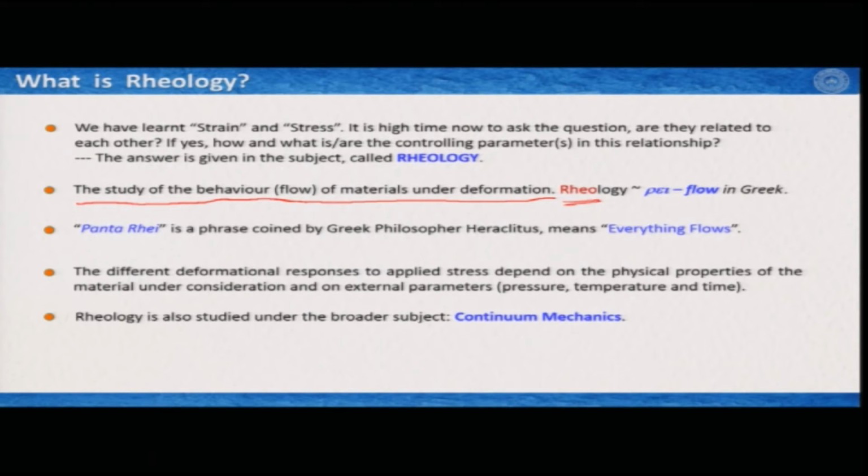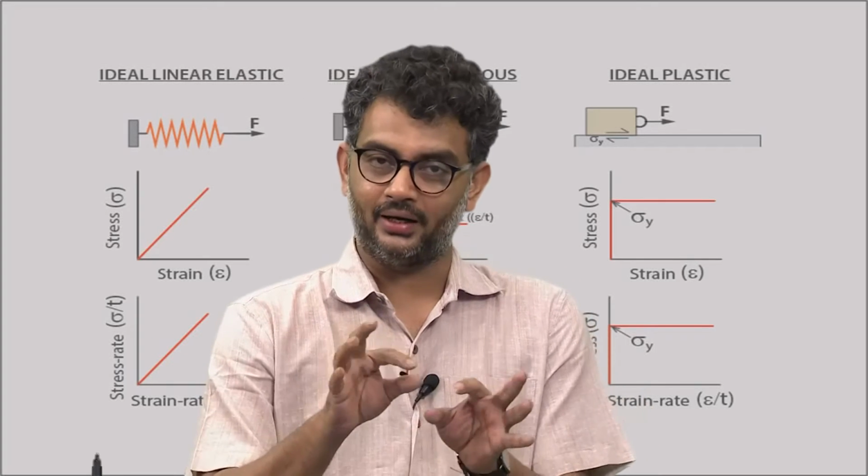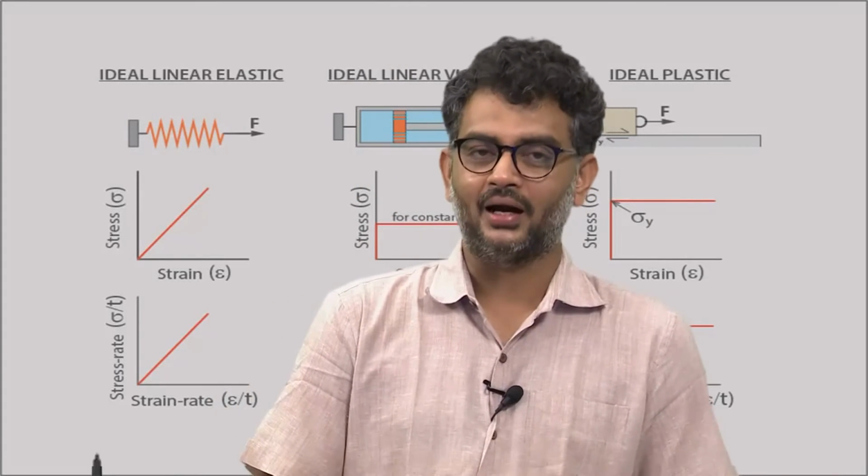Now, we'll again go back to this very interesting term, panta rhei, that means everything flows. And here, therefore, when we talk about flow, the definitions of solid and fluid are not really classical as people define them based on atomic structures of the material. So, there is one set of definitions of solid, liquid and gas in terms of their atomic structures, their interactions and arrangements.